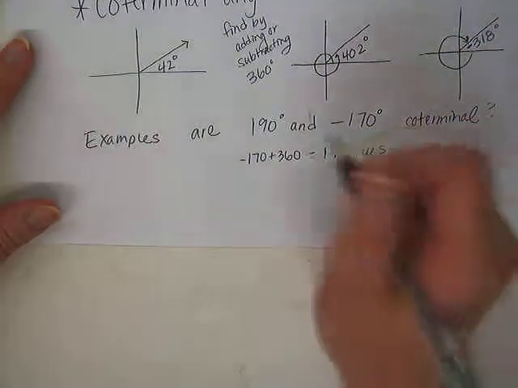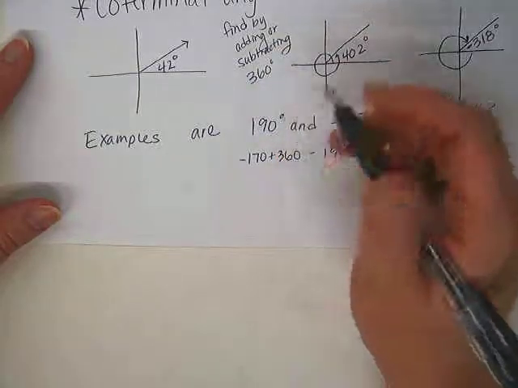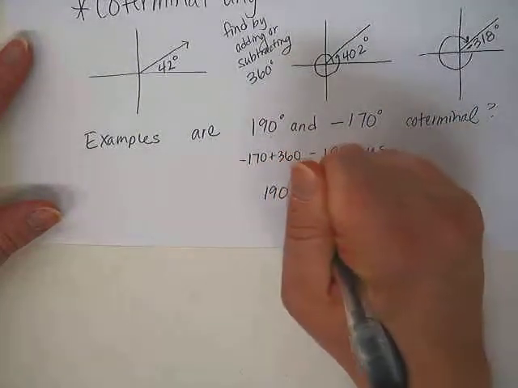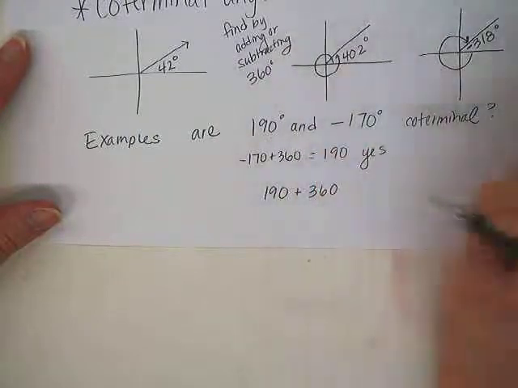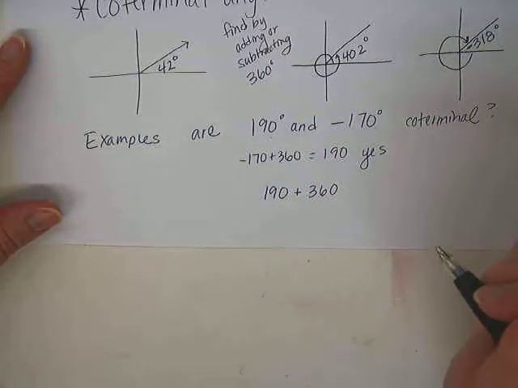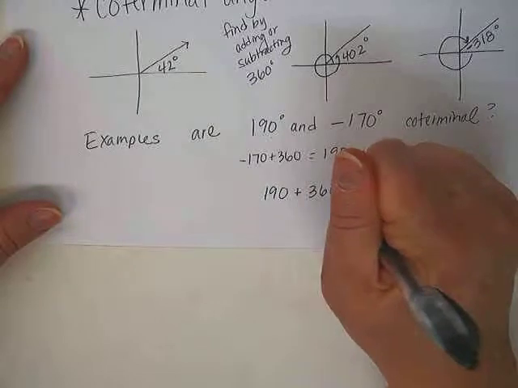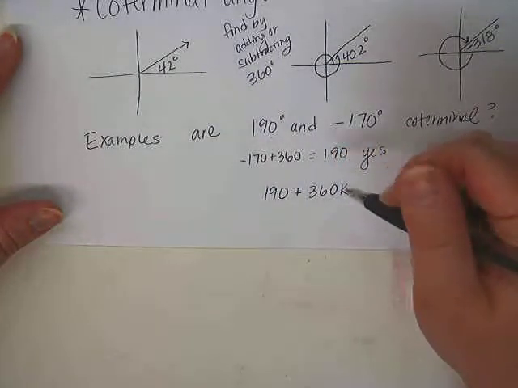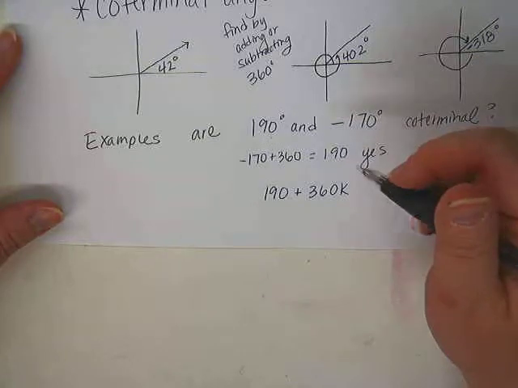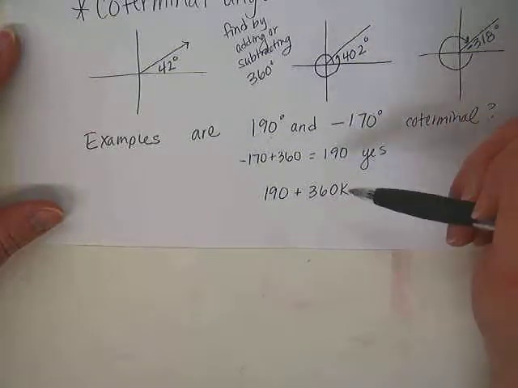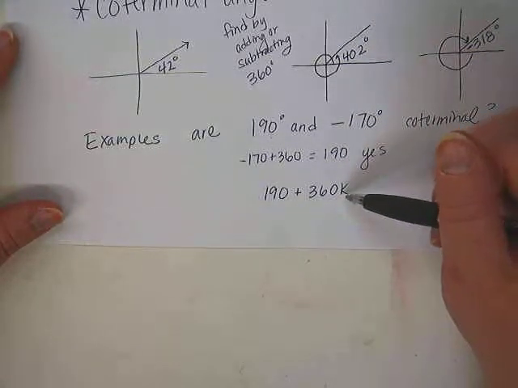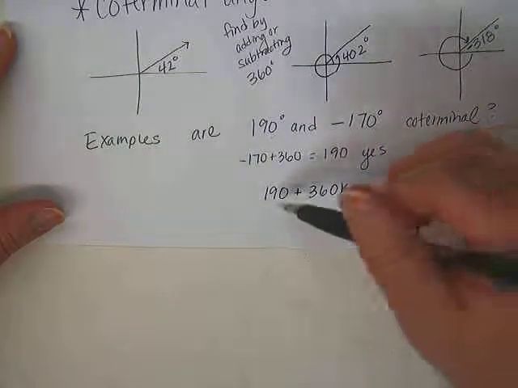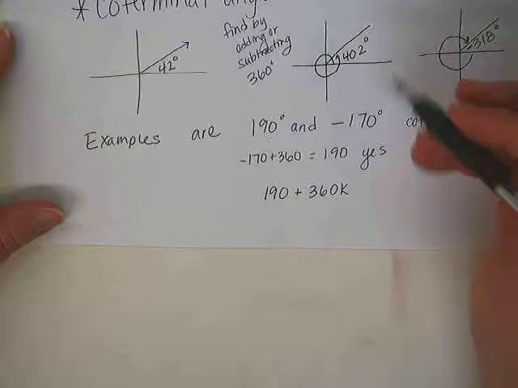The way that your book does it is a weird way, but you don't have to do it this way. I'm just going to show you what they do. Basically, they take the starting angle and say, this is coterminal if we can add or subtract some number of 360 degrees. So what they do is 360k, where k represents any integer. If k is a positive 1, that means you would add 360 to that number.